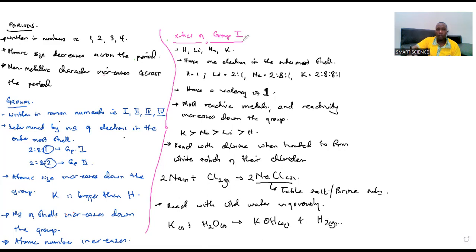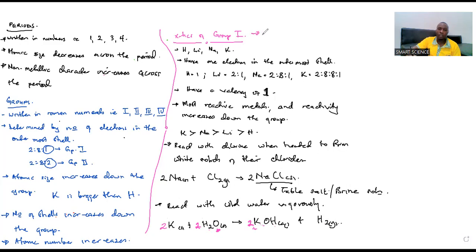For you to easily balance such an equation, begin by making this oxygen to be in even number. So multiply water by 2, hydrogen becomes 4. You come here, multiply the hydrogen by 2, such that these 2 plus these 2, hydrogen has become 4. Potassium has become 2. That's why I'll multiply potassium by 2.